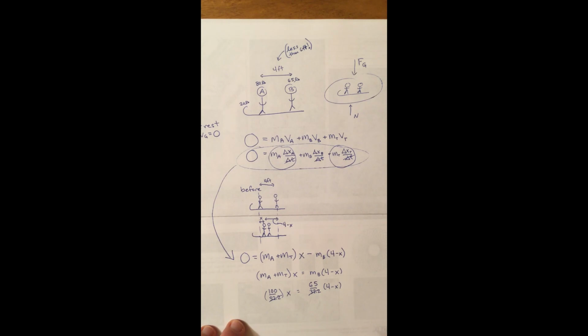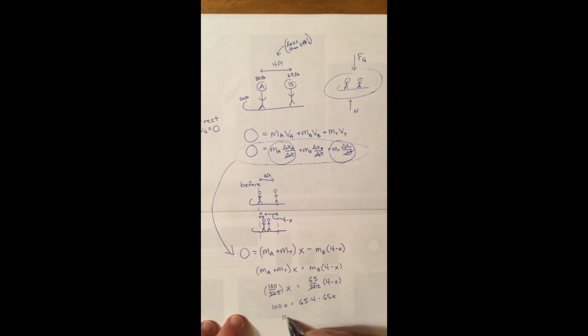And then we can say 100x is equal to 65 times 4 minus 65 times x, so 100 plus 65 times x is equal to 260.